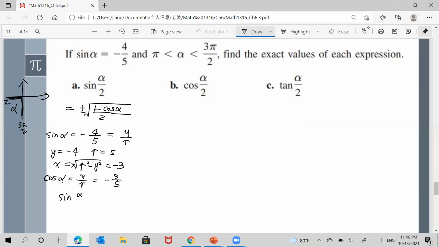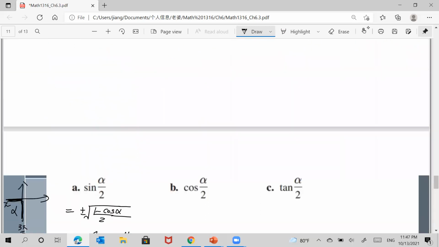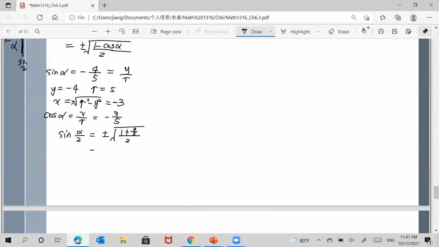Sine alpha over 2 equals plus or minus square root of 1 minus negative 3 over 5. That means 1 plus 3 over 5, over 2. Okay, equals plus or minus. So combine these two terms. Bottom is 5.